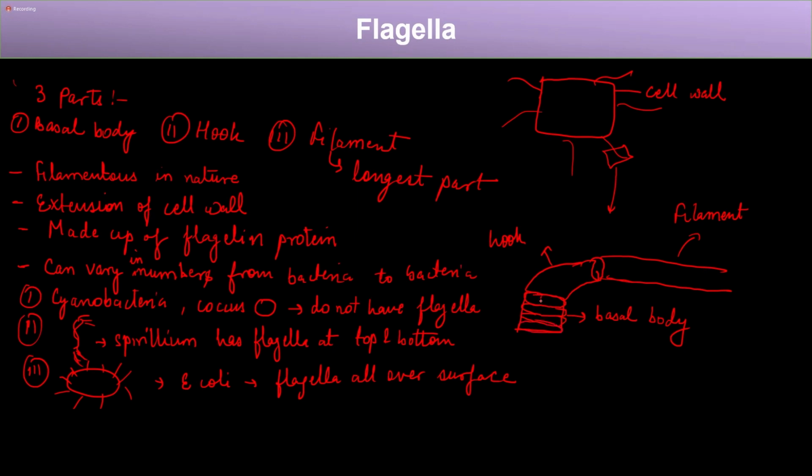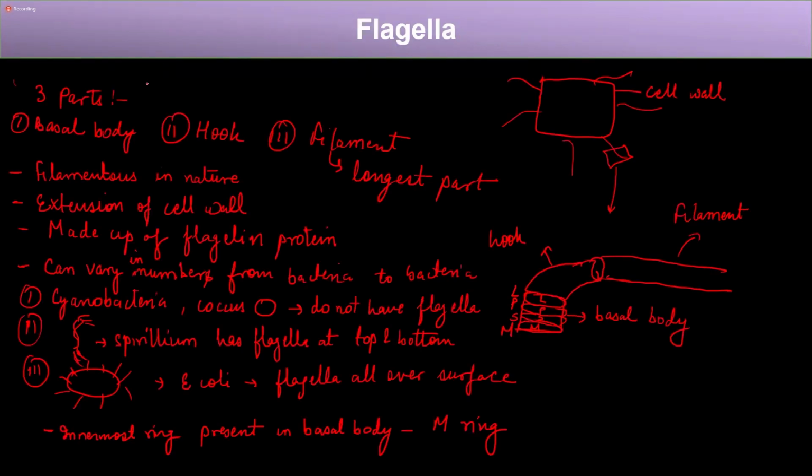The rings are L, P, S, and M. The first ring is L, the second is P, the third is S, and the fourth is M. So if someone asks which is the innermost ring present in the flagellar basal body, it will be the M ring. So the M ring is present in the innermost layer of the basal body. This is one of the surface structures that we studied.